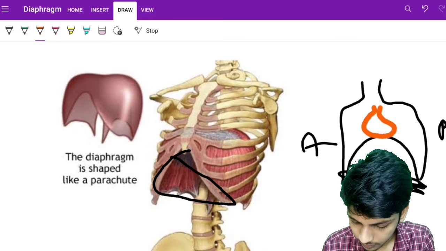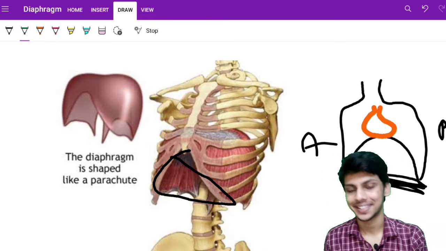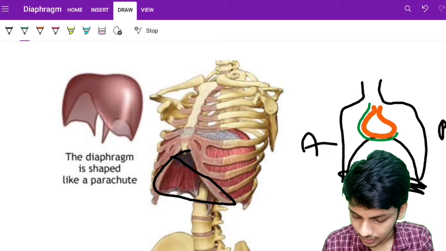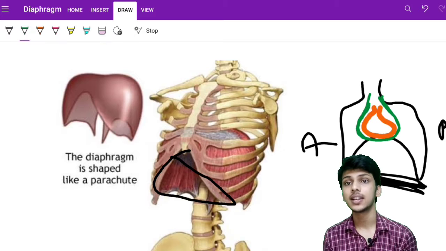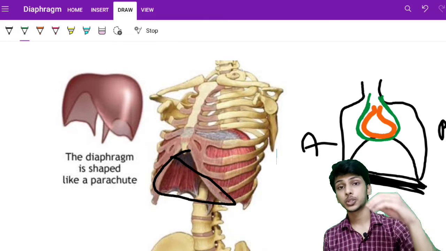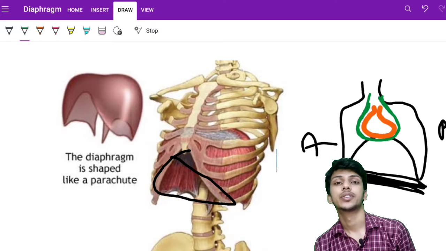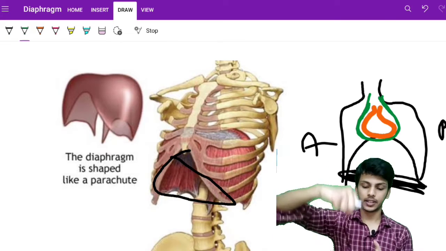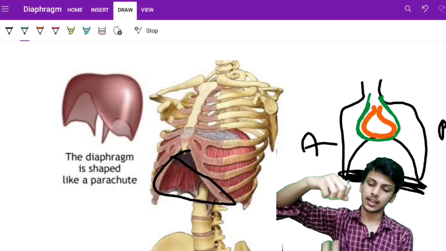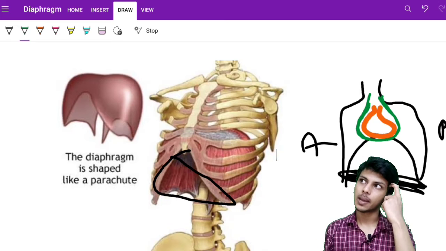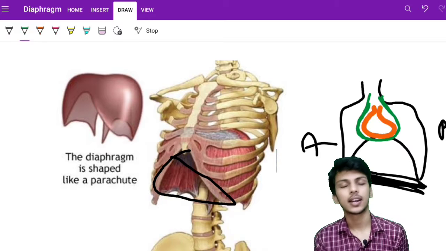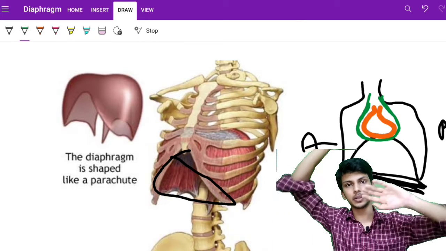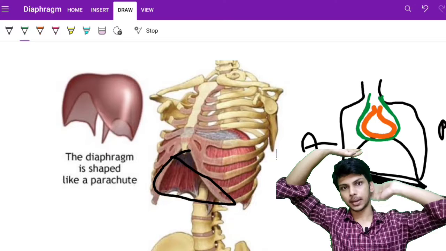Here, that's the heart, isn't it? The heart is in the thorax, and there is something covering it, a beautiful white shiny layer. That's the fibrous pericardium, isn't it? The fibrous pericardium is attached to the central tendon of the diaphragm too. Embryologically, when the septum transversum and the heart were developing, they were up, and the phrenic nerve supplied them.